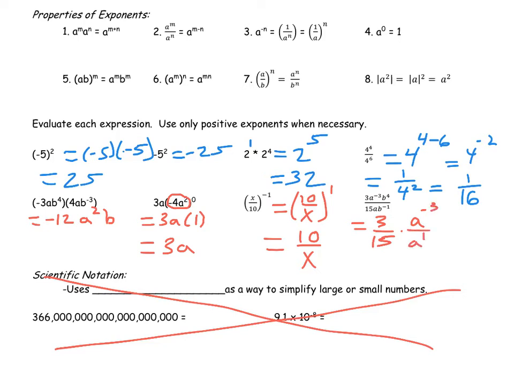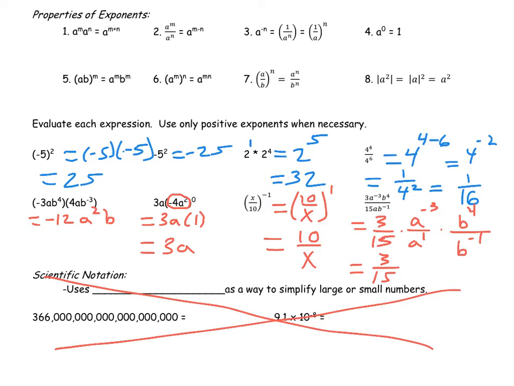Those exponents are going to have to be subtracted. And then I have b to the fourth over b to the negative first. So I got 3 over 15. That's going to stay the same there.